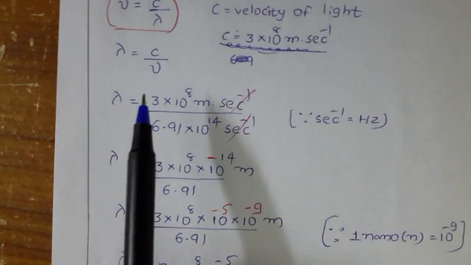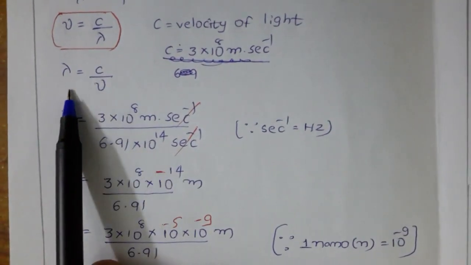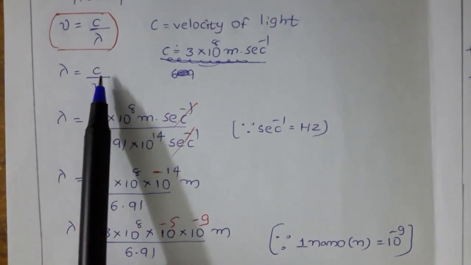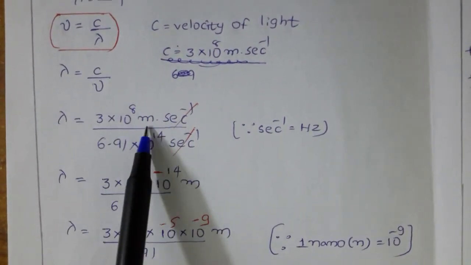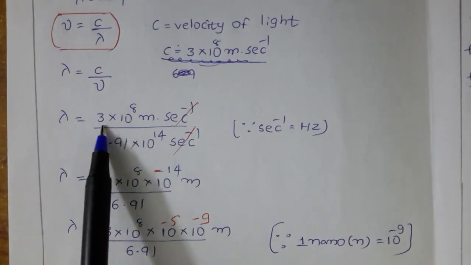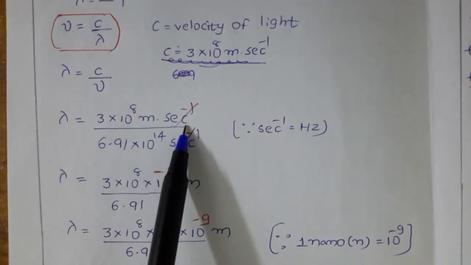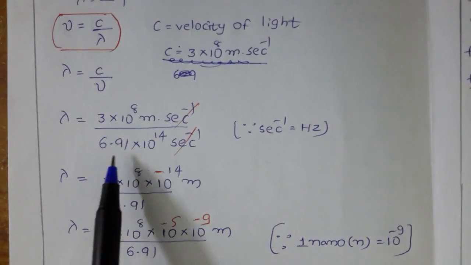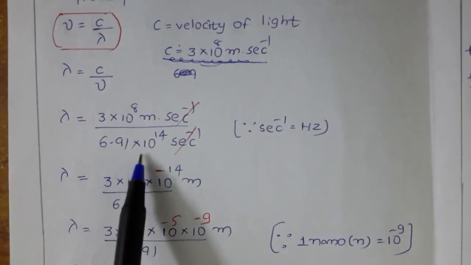So if you want to calculate, just rearrange: lambda is equal to c by mu. I took c in meters, which is 3 into 10 to the power of 8 meter per second, divided by the frequency we got, 6.91 into 10 to the power of 14.